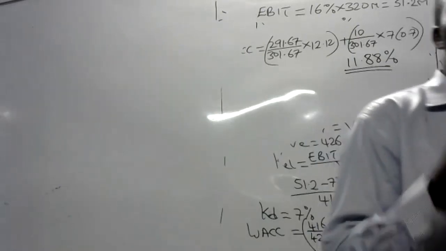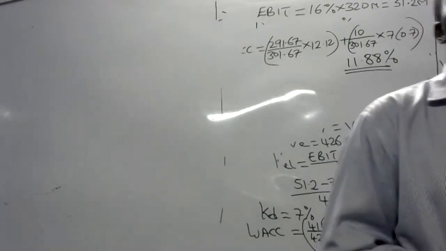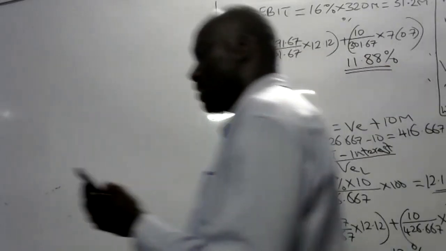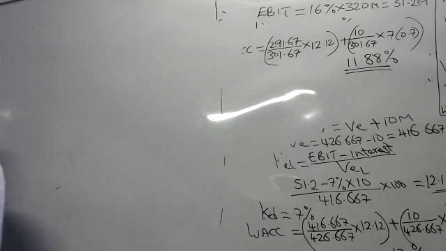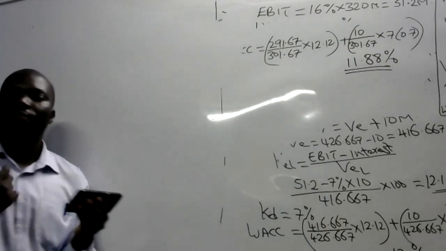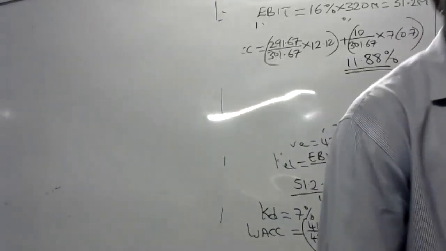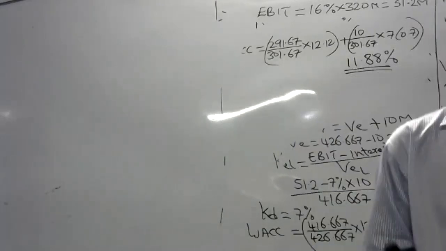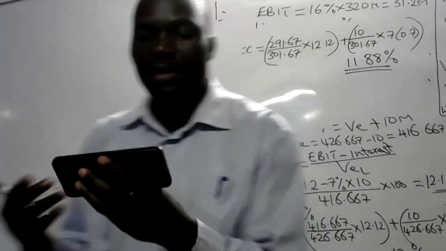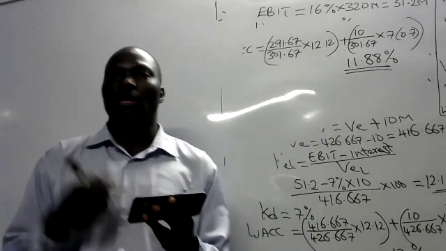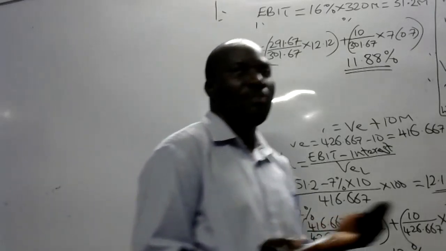So how will the change in the capital structure affect the value and the WACC of the firm? And as you are being asked to analyze the financial implications, it is a matter of comparison. Compare before and after.